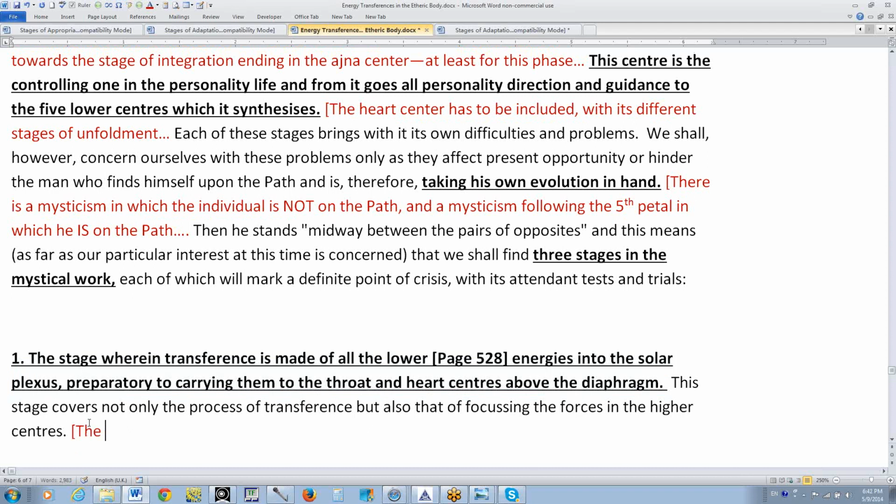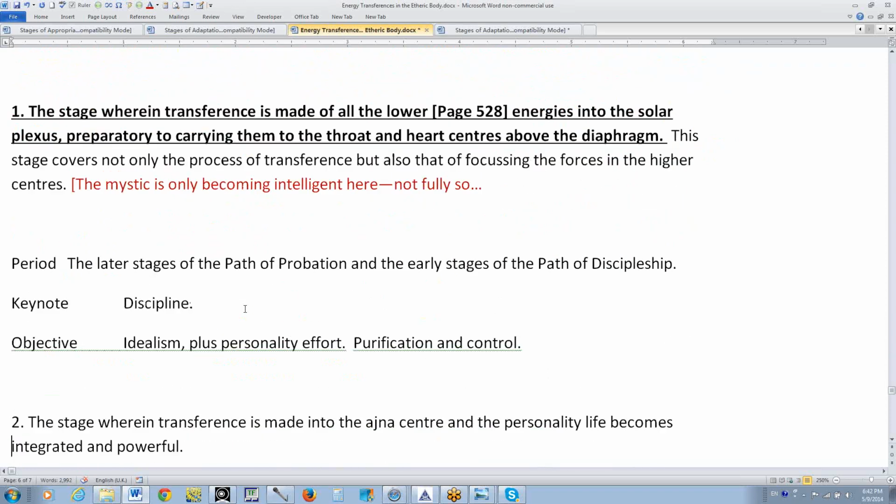So the mystic is only becoming intelligent here, not fully so. It's interesting, the mystical work goes quite high, and it also starts at a phase, apparently, before the expression of the dominant intelligent personality.